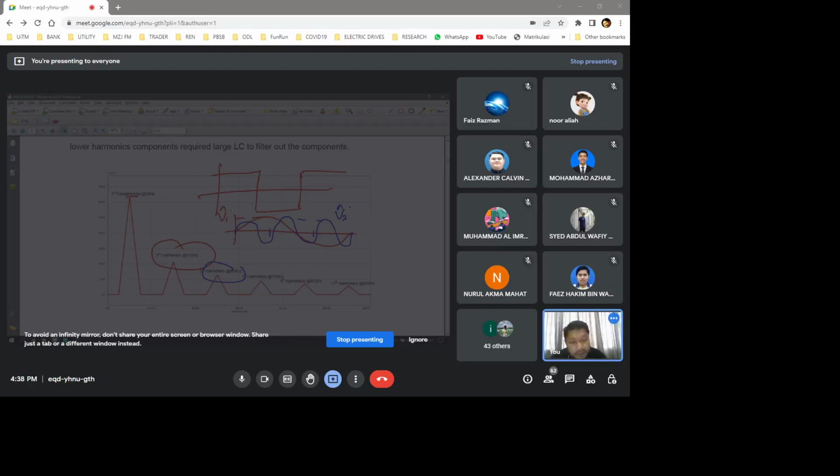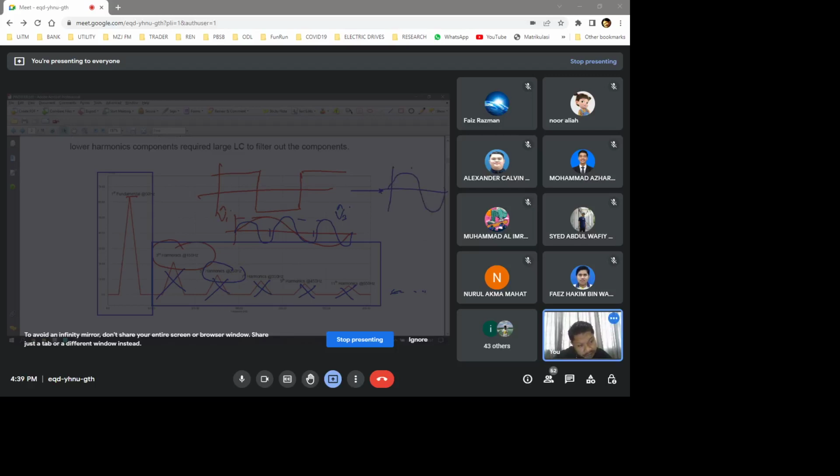So my question is, if we have a filter that filters this out, filters that, and the rest, what happens to the square waveform? It is left with only the fundamental frequency component, which is a sinusoidal voltage.